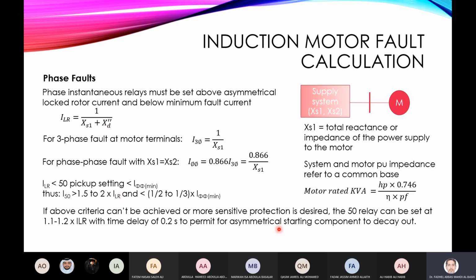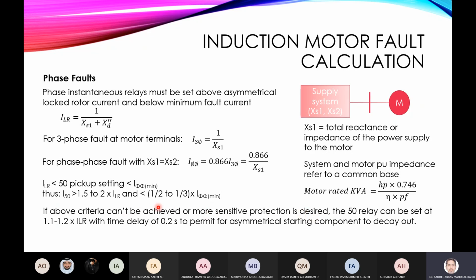Instead, we can use a time delay so that the current will decay, or we can use other types of protection, like differential protection, to provide instantaneous tripping.